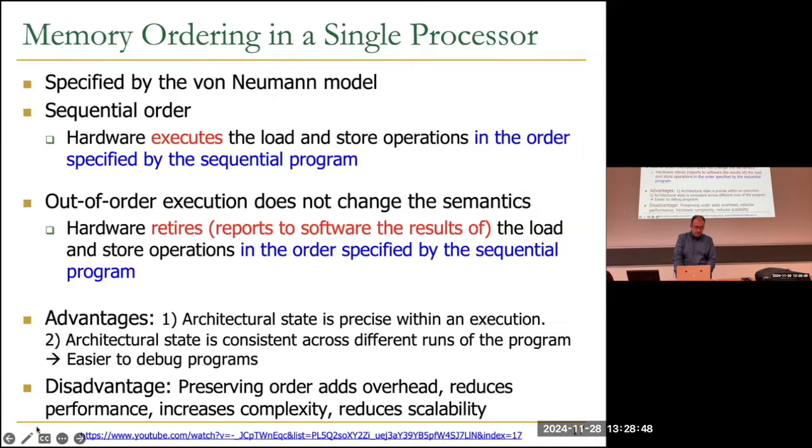But of course, it comes with some disadvantages. We need to preserve order, and that adds overhead. This large instruction window, the reorder buffer, all these things provide overhead and add overhead to the design. They also reduce performance at the same time, because in order to ensure correctness, or to obey this sequential execution, you sometimes need to sacrifice performance.